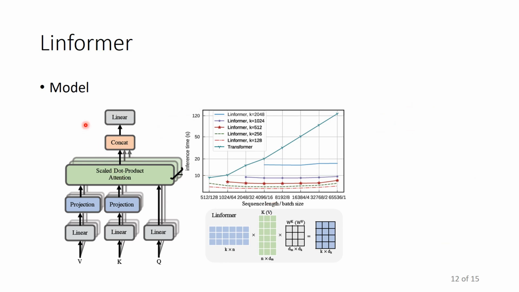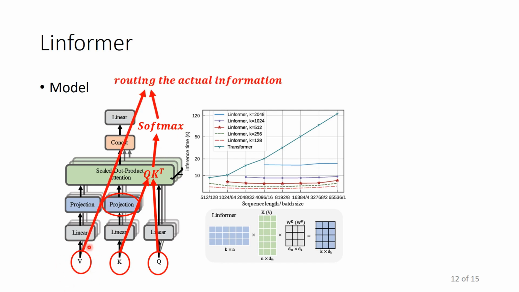So the model is a really famous model. We have the keys, and then we project the keys and values. We have the queries. We calculate the scaled dot product attention, Q K transpose, run it through a softmax function, and then use that softmax to route the values, the actual information.